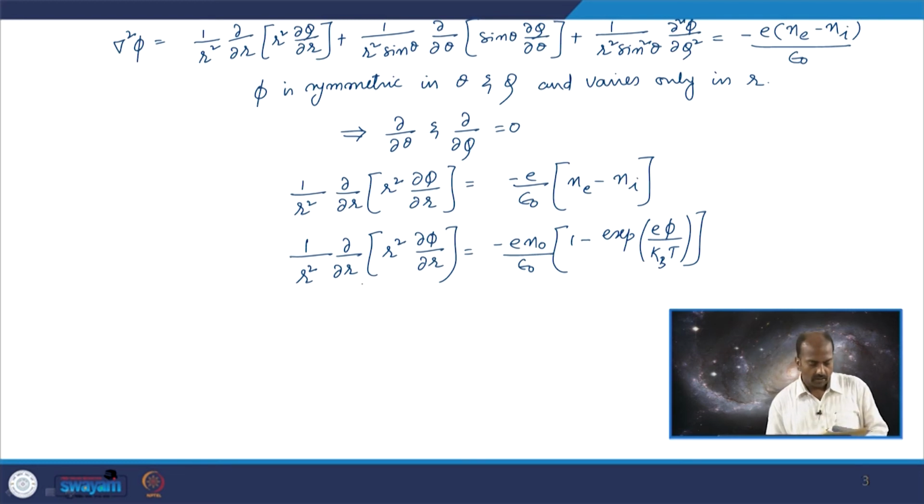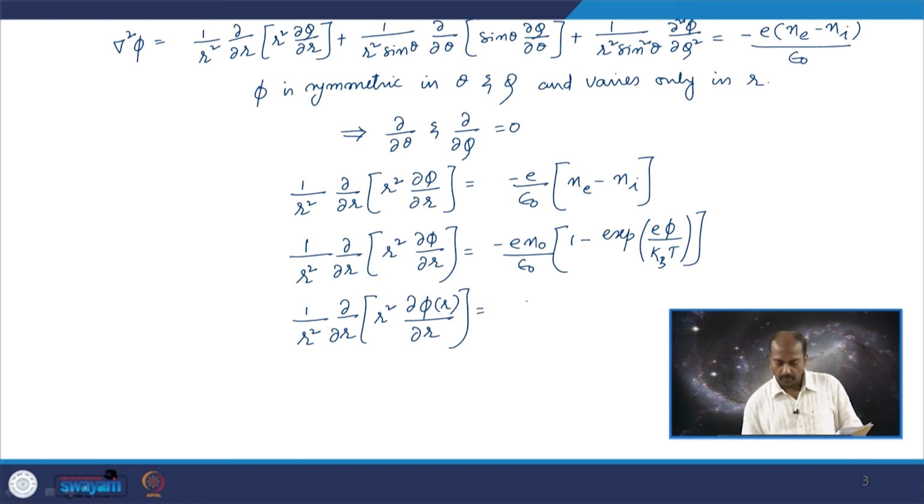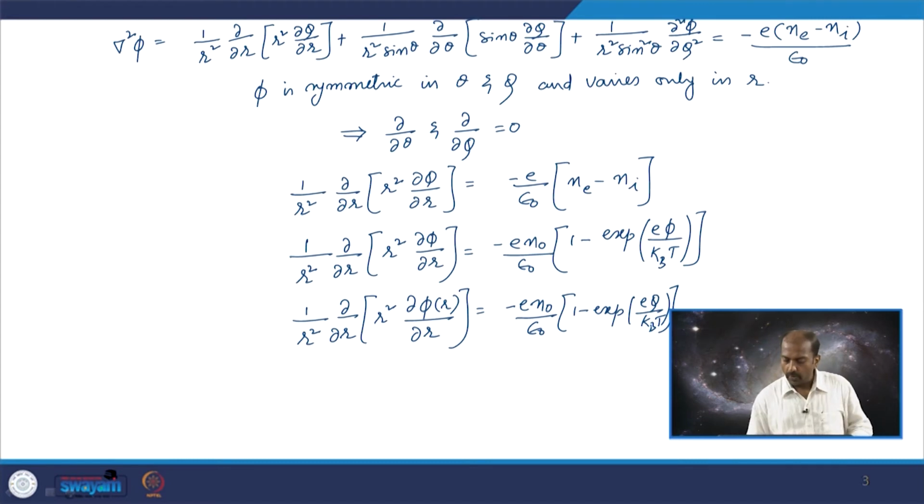Since now phi is just a function of r, we will write 1 by r square dou by dou r of r square dou phi of r divided by dou r is equal to, right, n e minus n I, right. So, it's going to be this minus 1. Okay.